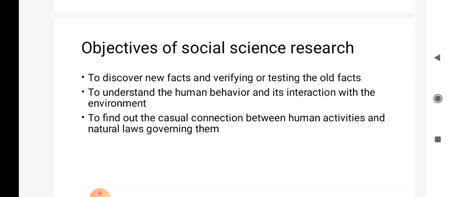So we are going to find out the action and reaction of a particular situation. To understand human behavior and its interaction with the environment, we are going to do research in social science, to find out the causal connection between human activities and the natural laws governing them.